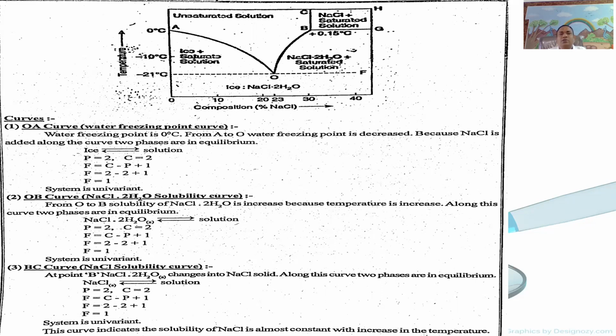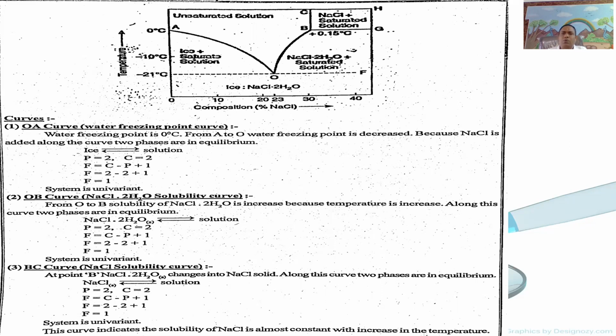It is a bivariant system. It requires two factors, temperature and composition. Plot the graph between temperature and composition. The obtained diagram is called the phase diagram of the salt water system, that is the potassium iodide water system.